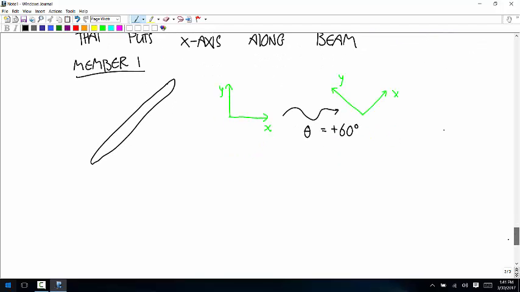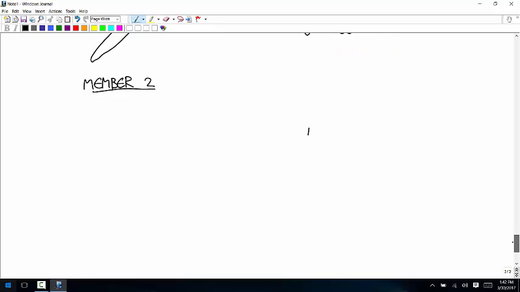And member 2 looks like this. Our original coordinate system is that.